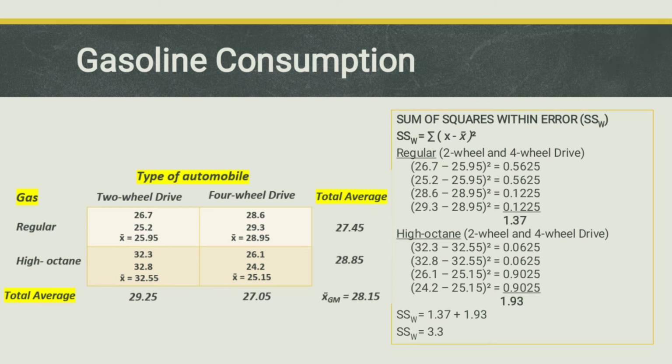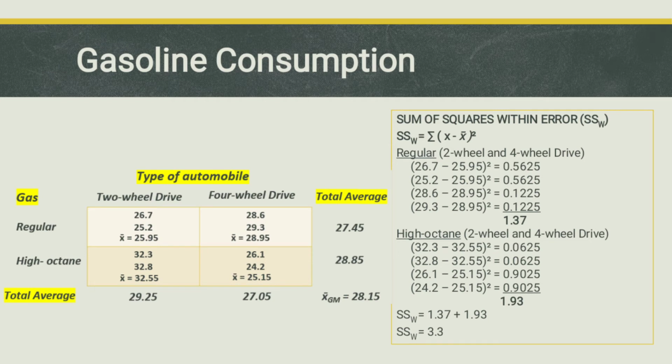And 29.3 minus 28.95 squared is equal to 0.1225. The total is 1.37.